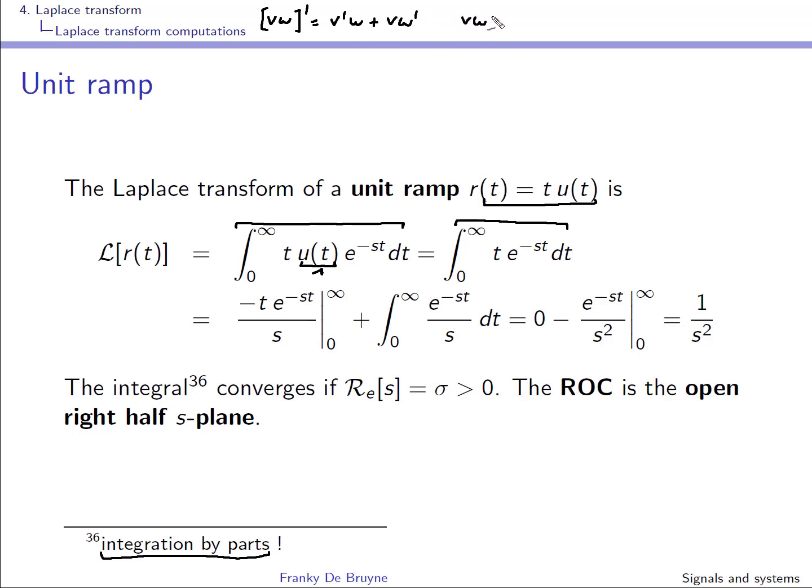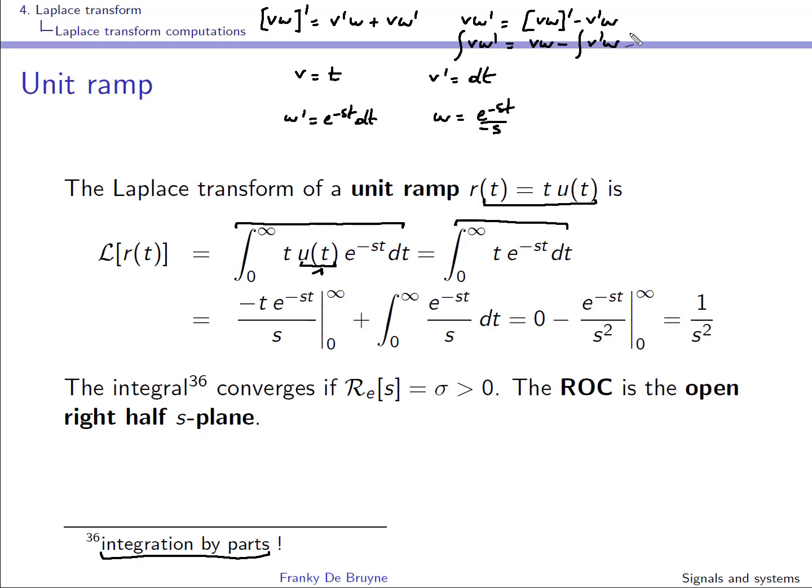So you can write VW prime, that's the derivative of VW, minus V prime W. If we integrate now, we have that the integral of VW prime is equal to VW minus the integral of V prime W. In this case, V will be t, V prime will be dt, W prime will be e to the minus st dt, and W will be the integral, so that will be e to the minus st over minus s.